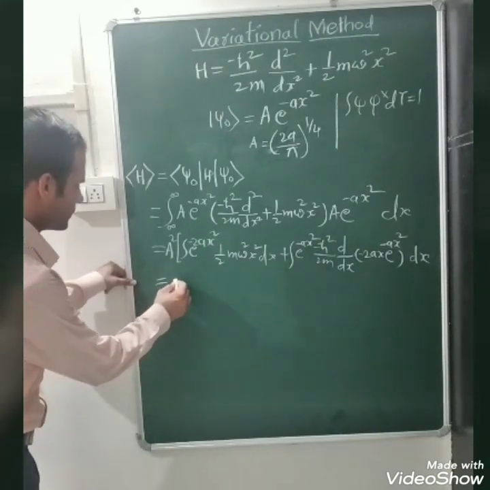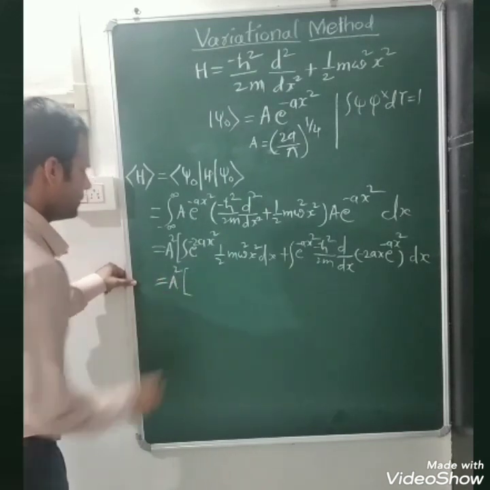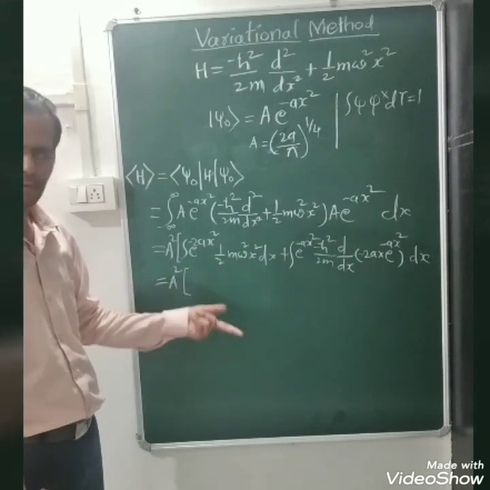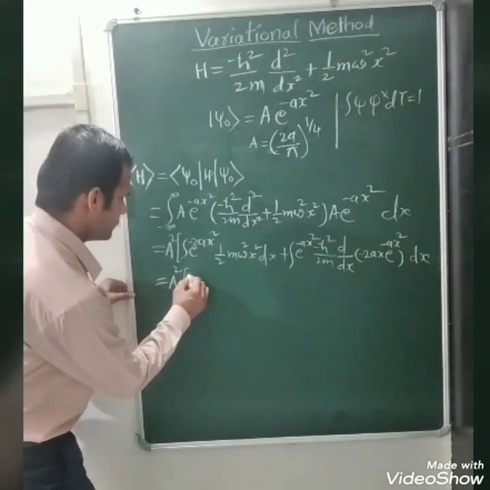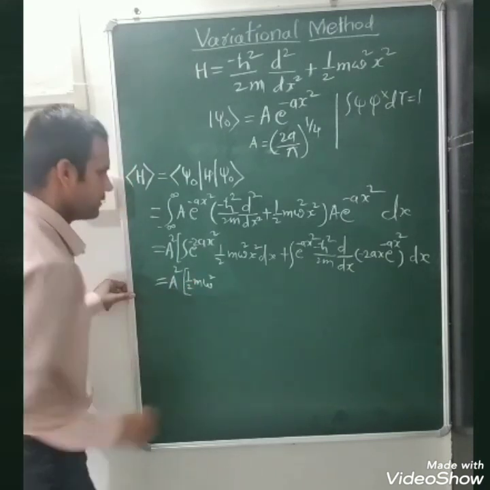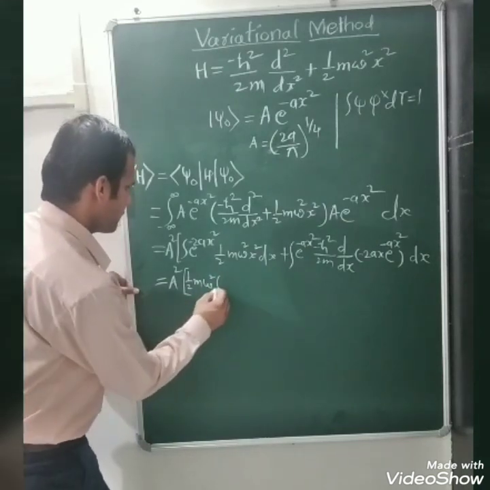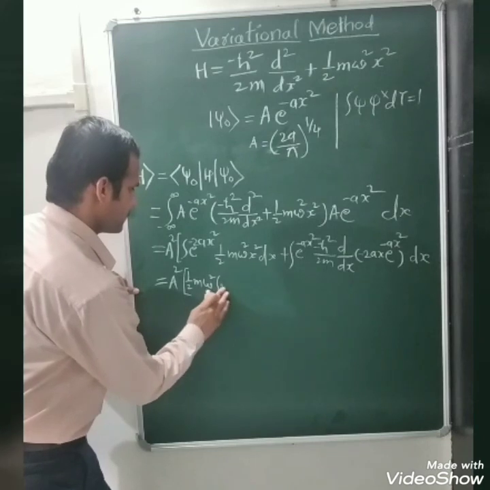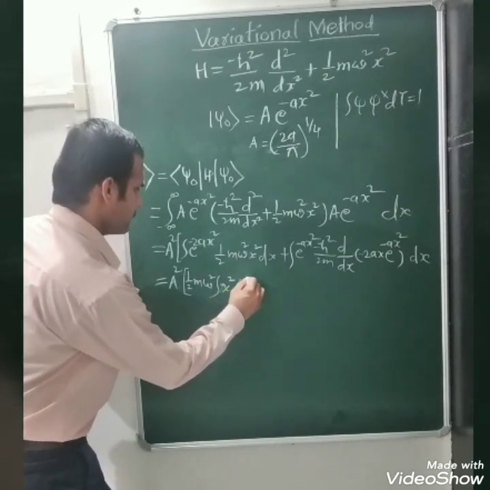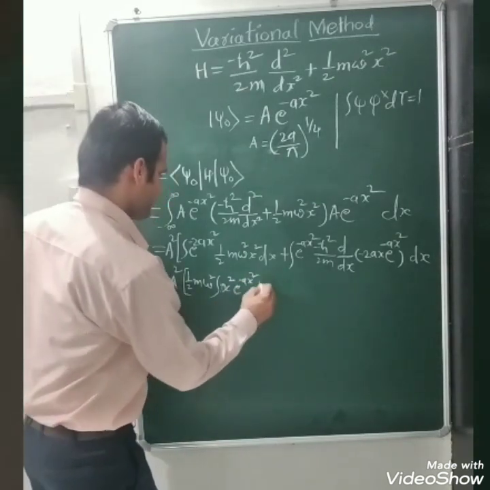So the next step, A square as it is. Here m omega is constant, so we can write half m omega square outside, and the integration of x square e raised to minus 2a x square dx.